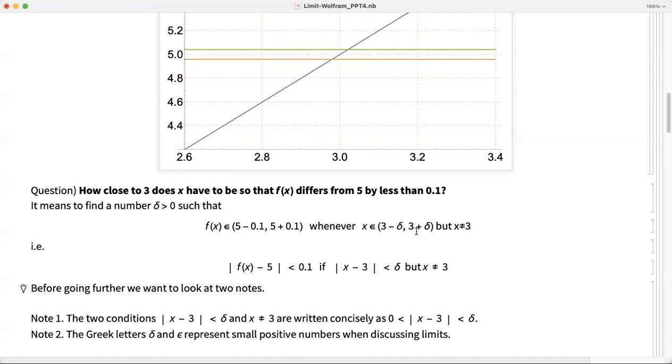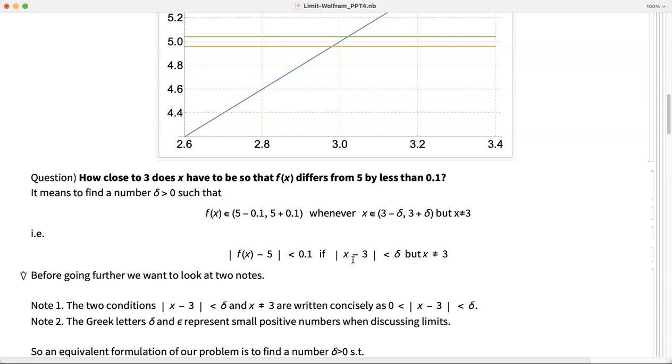That interval is symmetric, so we can express it with absolute value: the absolute value of f of x minus 5 is less than 0.1. That is equivalent. So if the absolute value of x minus 3 is less than delta, then the absolute value of f of x minus 5 is less than 0.1.